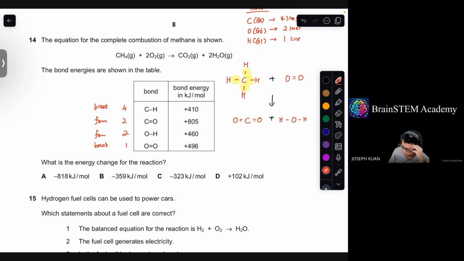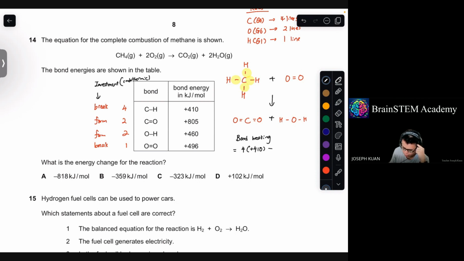All right, so remember, breaking is like an investment. Essentially, it is an endothermic process. Heat is required to break the bonds. So let's figure out how much energy is required. Let me just write the subject first. Bond breaking is equal to 4 multiplied by 410.